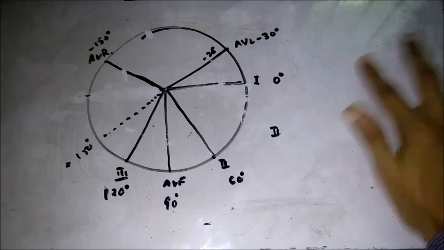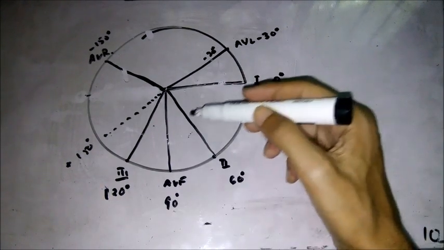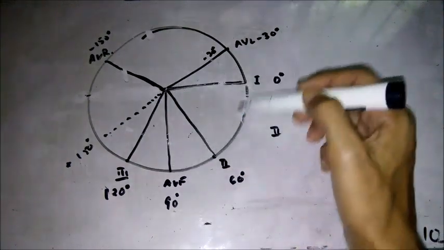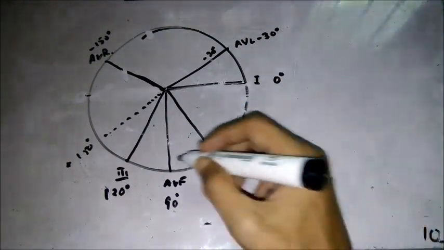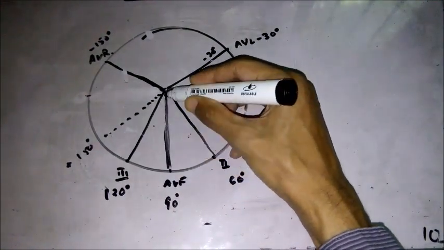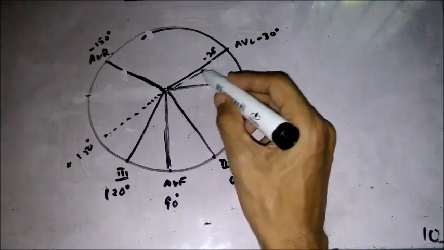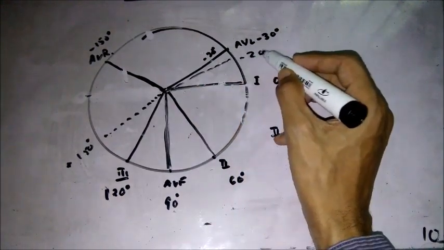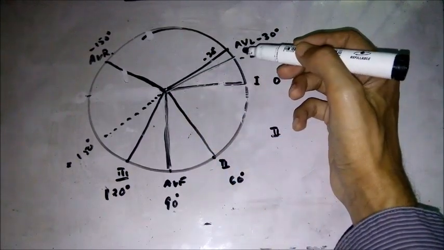Now the other thing that you need to know is what is the normal axis of a person. A lot of people would think that this quadrant is the normal axis, but that's not quite true. The normal axis is actually from this line, which is 90 degrees, not to 0 degrees, but a little bit towards minus 20 degrees. In some books they go up to minus 30 degrees as well.